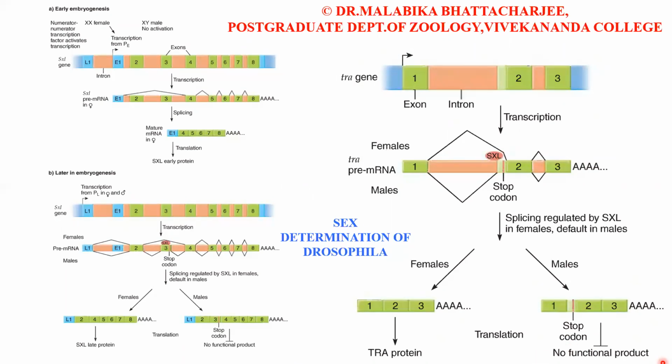So if we update the cascade, in females, SXL early protein, in presence of which SXL late protein, in presence of which the TRA protein. In males, nothing here, no functional product. So that is the next gene in the cascade. For males, no functional product. For females, the functional TRA product.